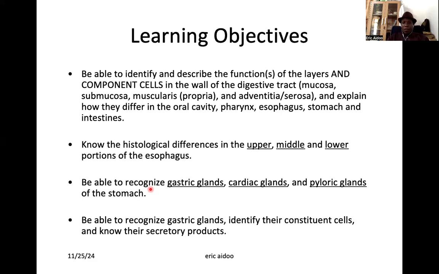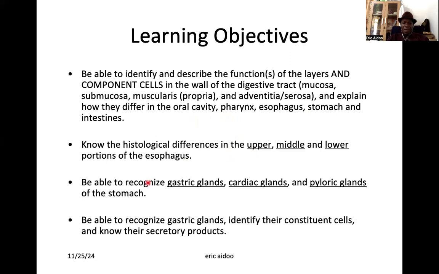Okay, and then also you should be able to tell the differences in these regions when you are given micrographs, all right? So you should be able to explain how they differ in the oral cavity, pharynx, esophagus, stomach, and intestines. Know the histological differences in the upper, middle, and lower portions of the esophagus, because these, as we will see, are different.